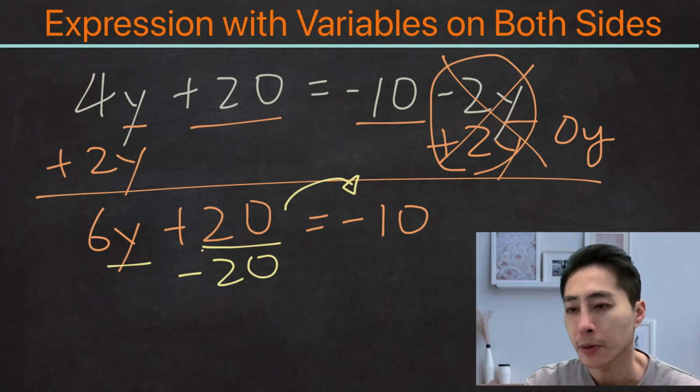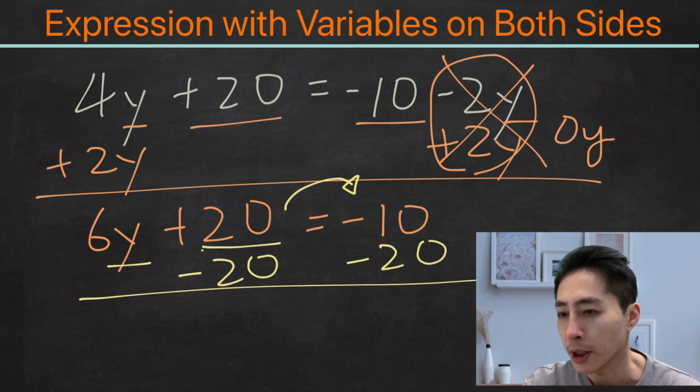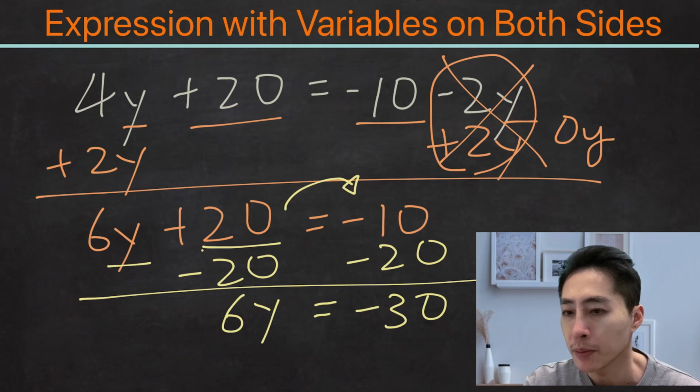And whatever we subtract on the left side, we need to subtract on the right. So -20 here. So -10 minus 20 is -30. And then we have 6y, we'll bring it down, and 20 minus 20 becomes 0. Now we're ending with 6y equals -30.